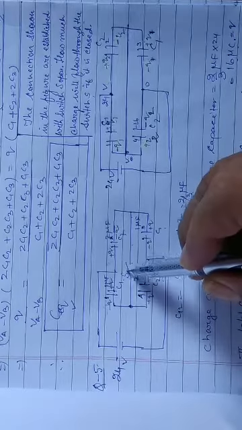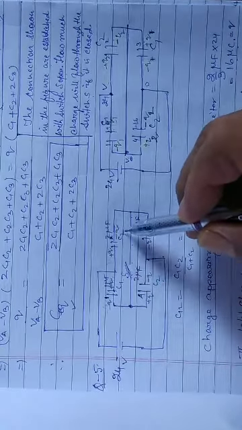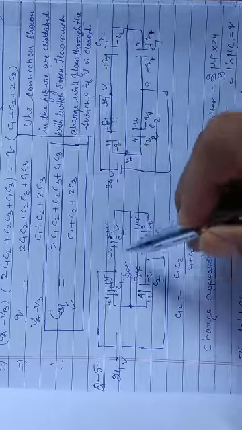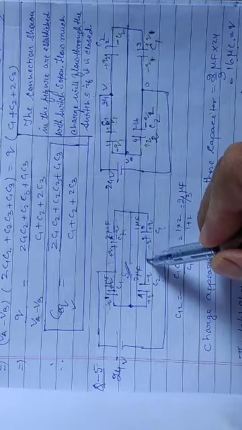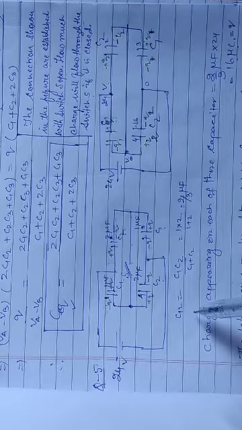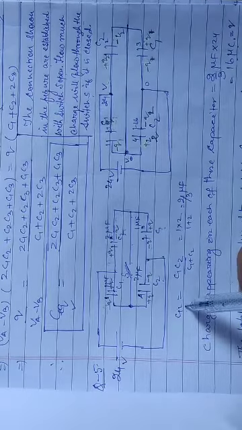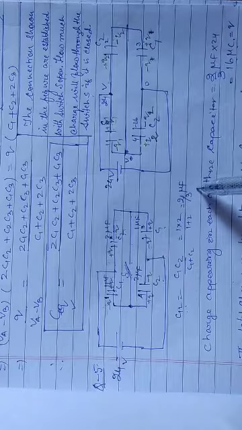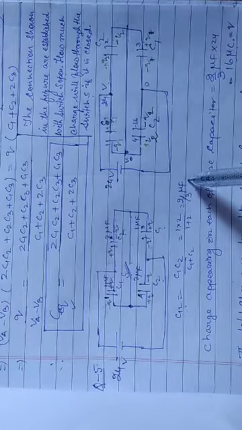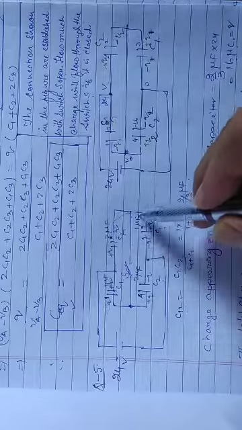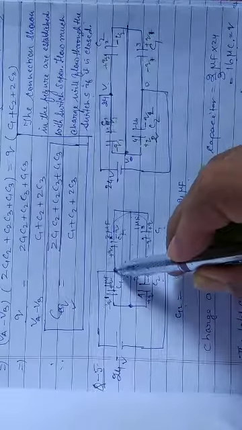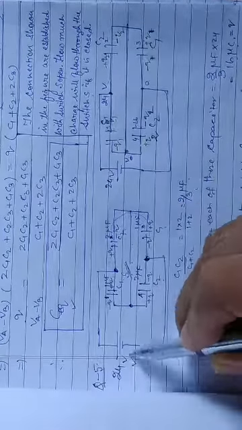If this switch S is open, then C2 and C1 are in series, and its equivalent capacitance we can find very easily, C12 is 2/3 microfarad. The potential difference between these two points is 24 volt.